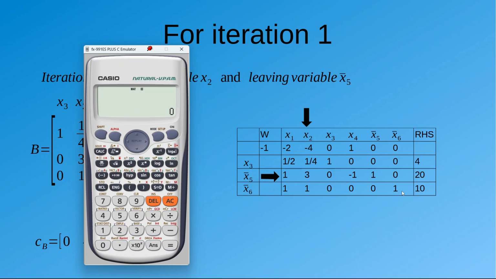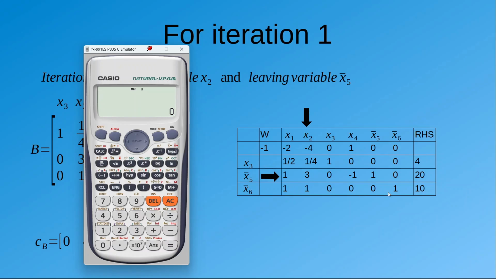For the leaving basic variable, you have to take the RHS and divide it with the coefficient of x2, that is the entering basic variable. So that's going to be 4 divided by 1 by 4, 20 divided by 3, and 10 divided by 1. Now the least will be 20 by 3. So x5 bar will be the leaving basic variable.